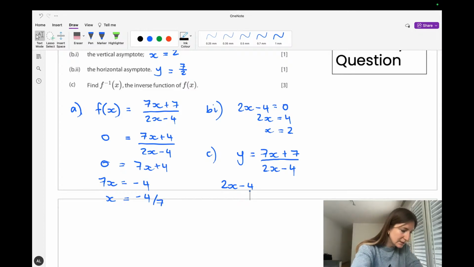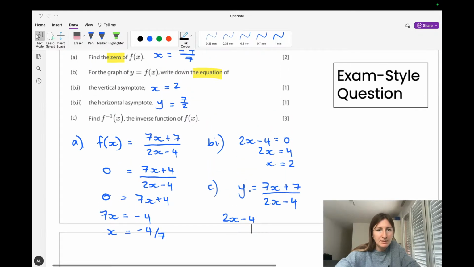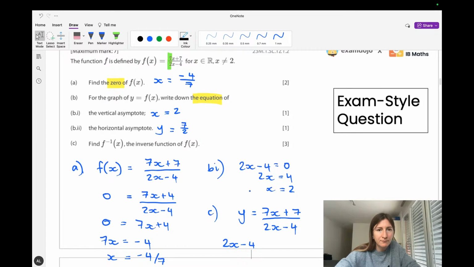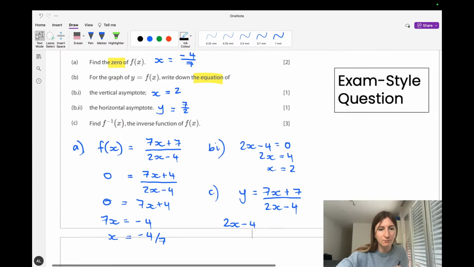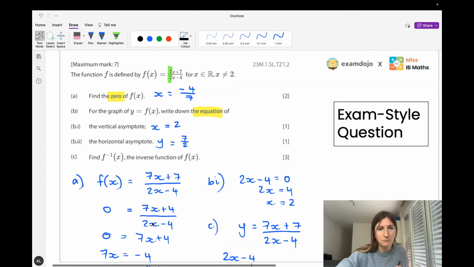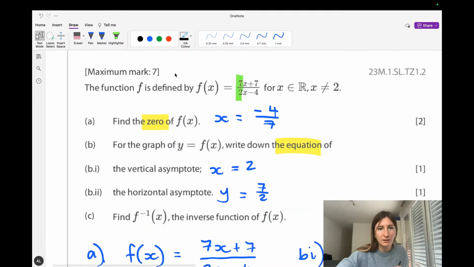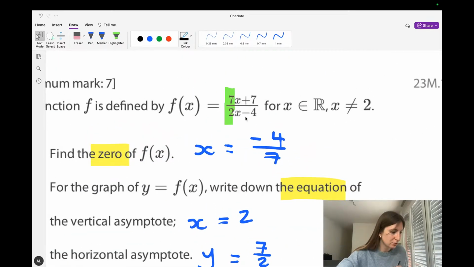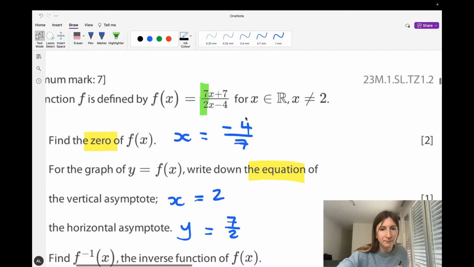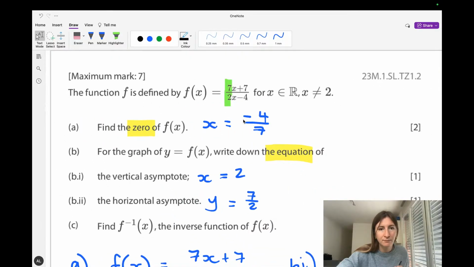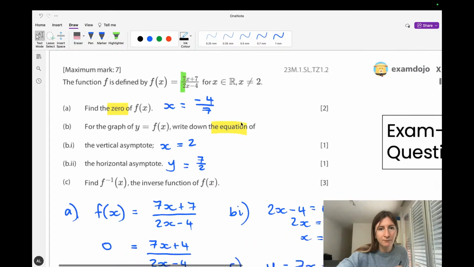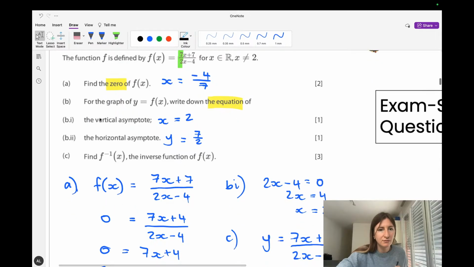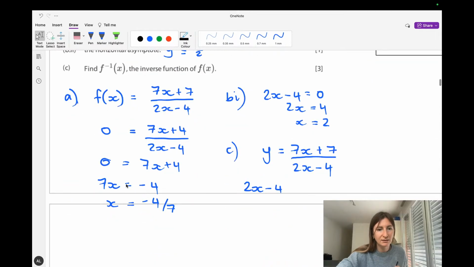Is it not plus 7? Sorry, what do you mean plus 7? Which question was that for? Here we have 7 over 2 on A. So the 0 was finding the x.